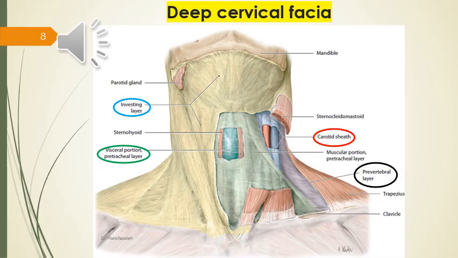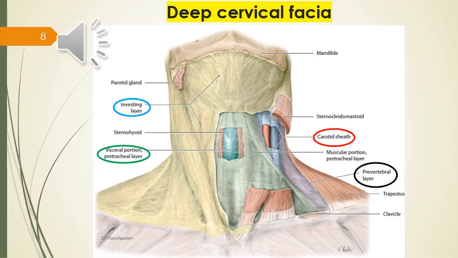And what about the deep layer of the deep cervical fascia? The deep layer divides into 3 compartments. You can see them with different colors here. At first, the pretracheal layer, I show you with a green circle.